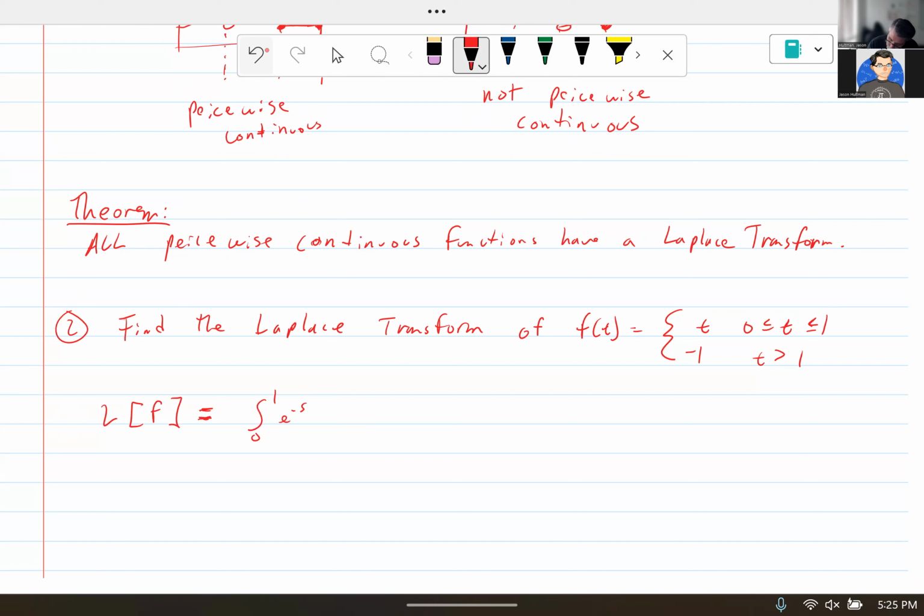This is the integral from 0 to 1 of e to the negative st times t dt, plus the integral from 1 to infinity of e to the negative st times -1 dt. We've got this broken up, so it is going to affect what the Laplace transform is going to be.